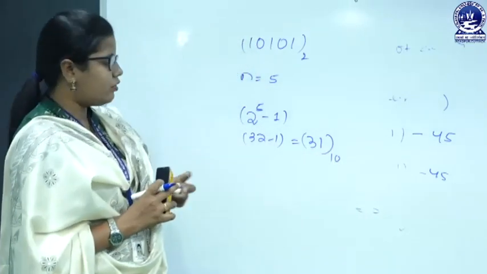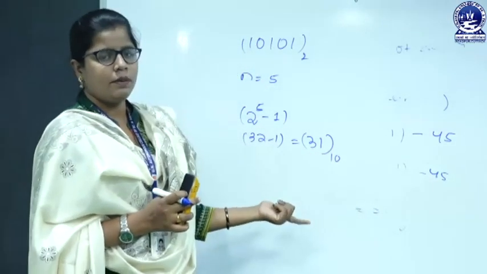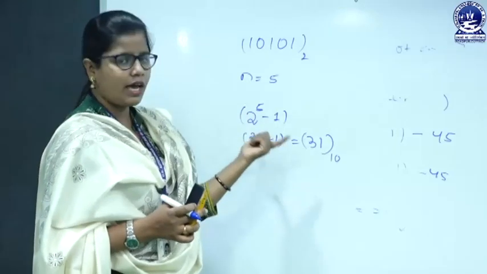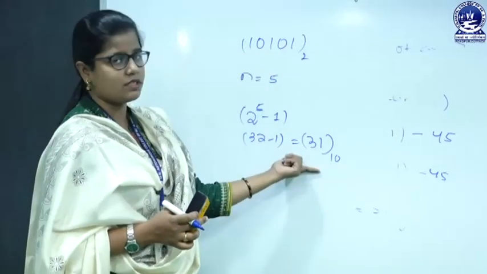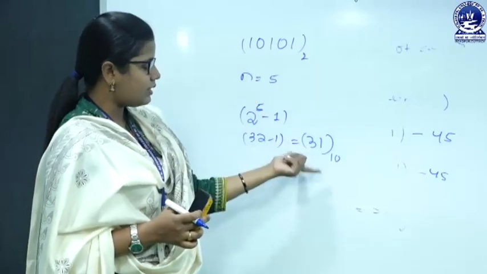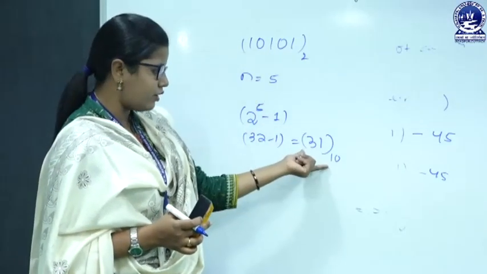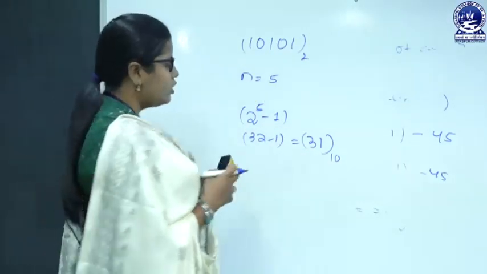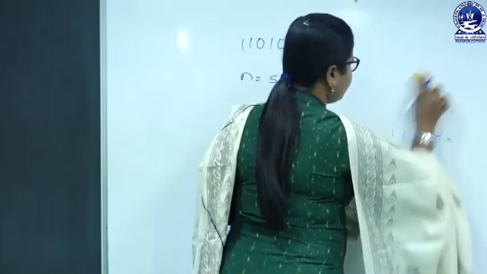Now we need to convert 31 into binary, because after getting this we have to subtract this from this. So this is binary and this is decimal, so we need to convert this into binary. What is the binary for 31?